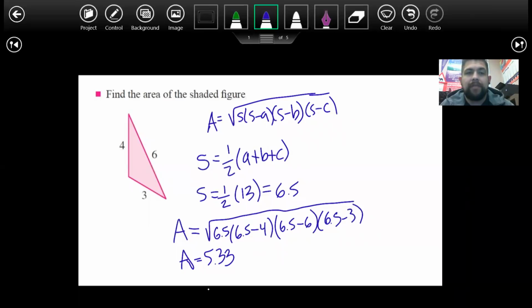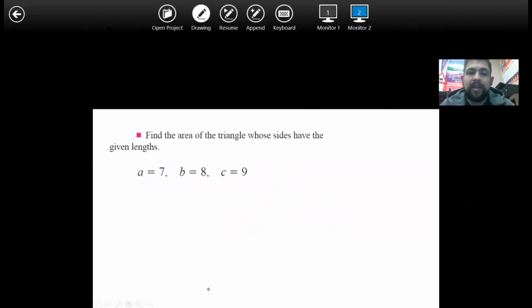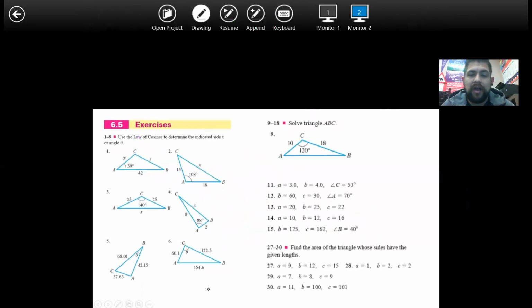If you want any more reference material, just turn the page over. It should have the problems that go with it. Again, you can find the area using the law of sines, but we don't really need to do that. Here are the problems you guys can do. Law of cosines for these. I'm going to give you the handout for this, so you don't need to worry about it, okay?